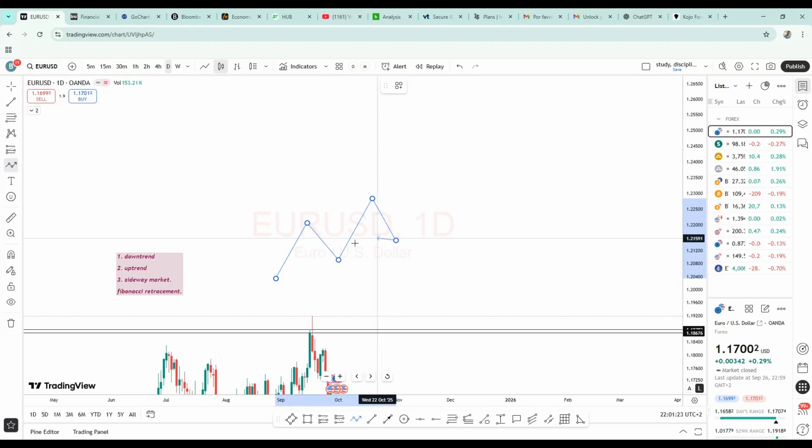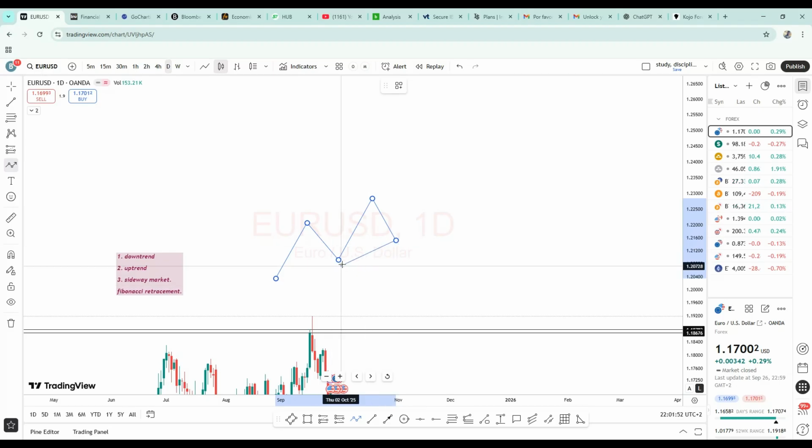As long as you have located and identified this high and then this new high, this high is higher than this previous high, and this low is not lower than this. Instead, it is higher than this previous low.